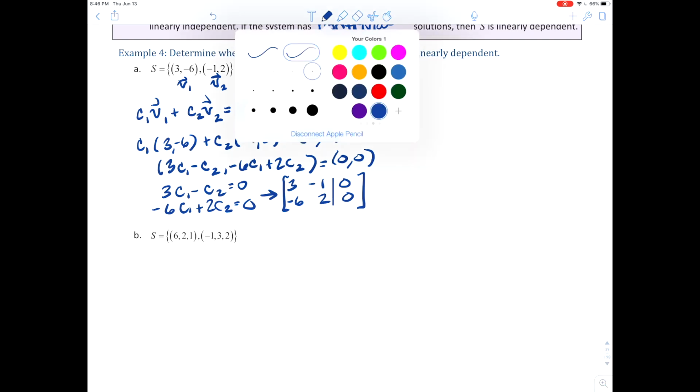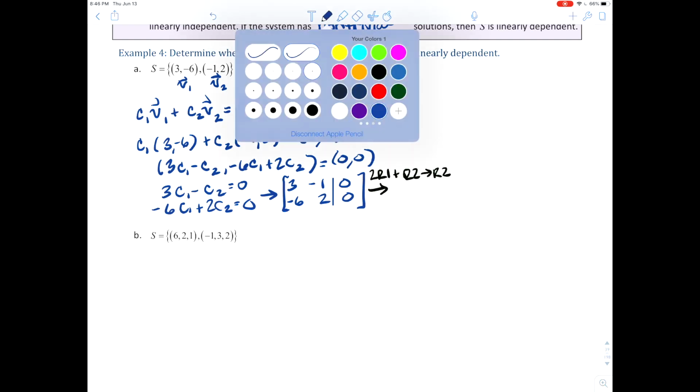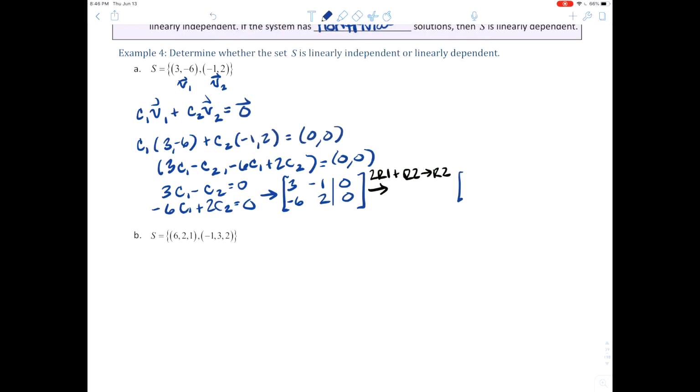And then starting our row operations, if we do 2 row 1 plus row 2 for a new row 2, let's see what we get. We will have 3, -1, 0.